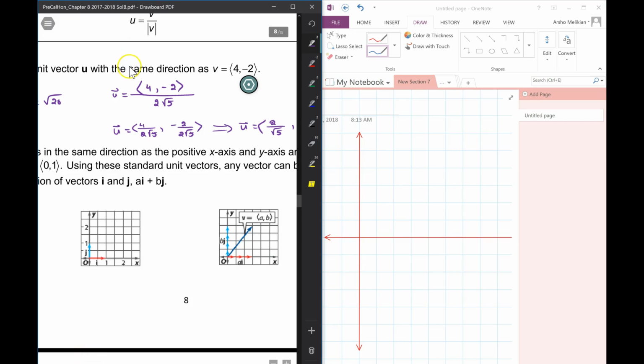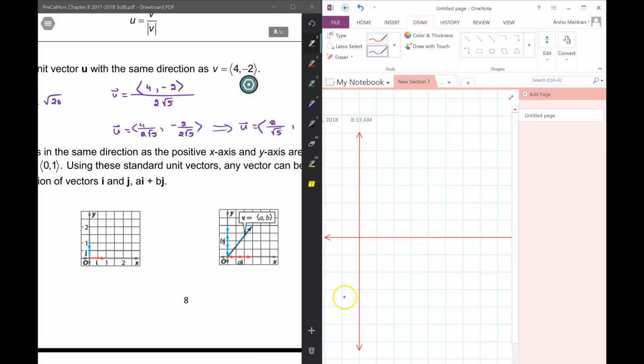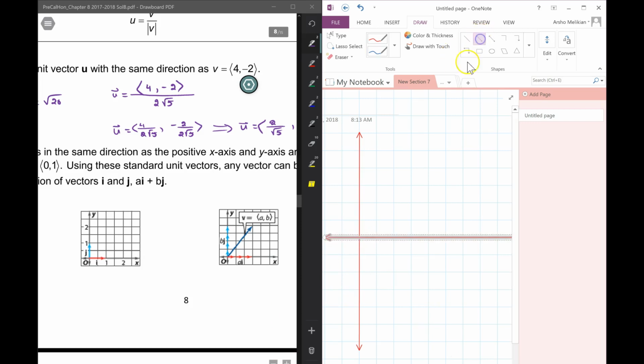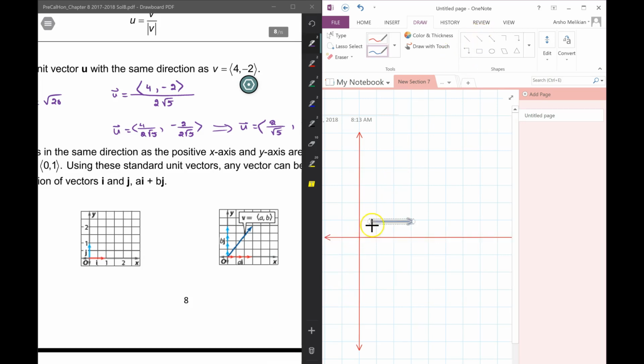Right, so let's draw vector v. Vector v has x component of 4, y component of negative 2. So let's do this. X component of 4. So we're going to go positive 4.